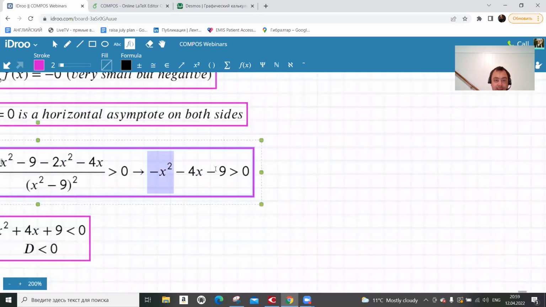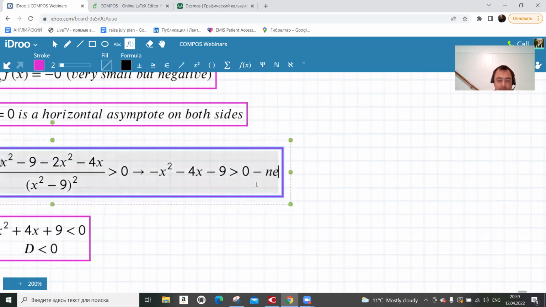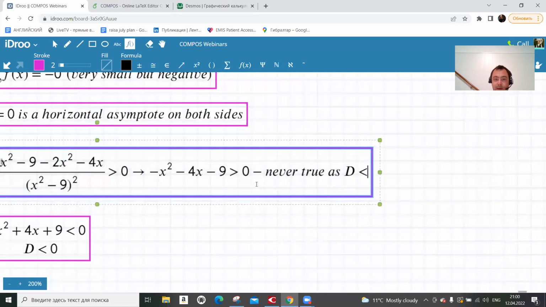So this is never true. Never true, as the discriminant is less than 0.